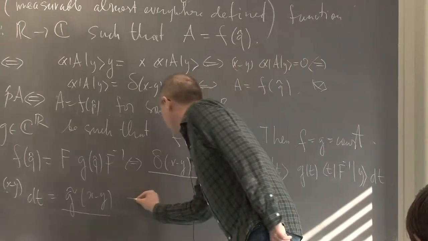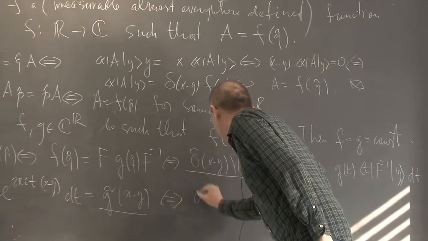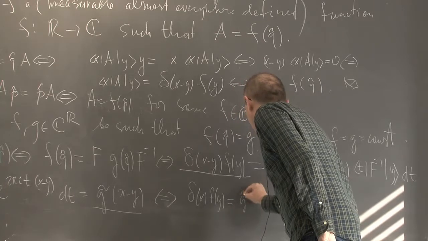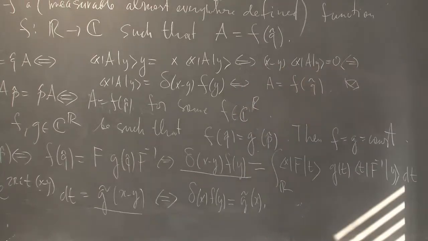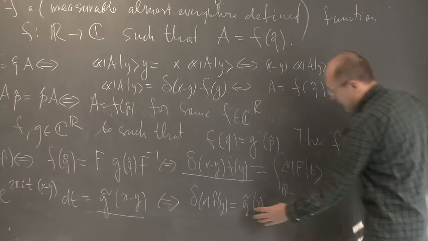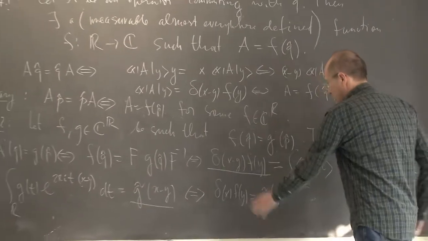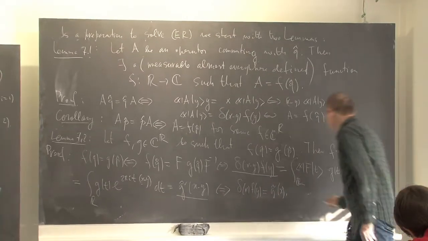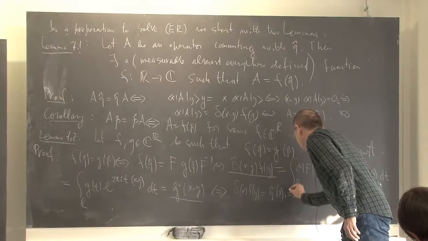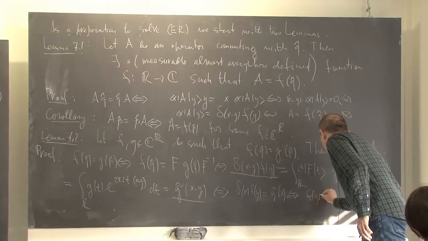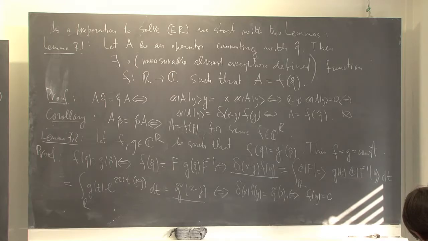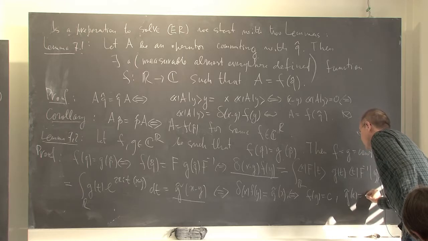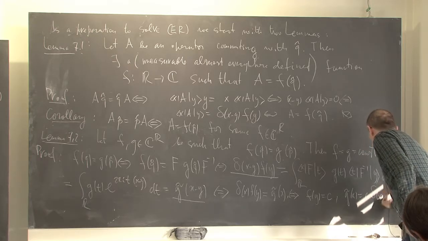So now we can translate x by y: delta of x, f of y equals g tilde of x. And now you see that the right hand side does not depend on y, so should be the left hand side. So this means that f of y is a constant, and g tilde of x is c times delta of x.